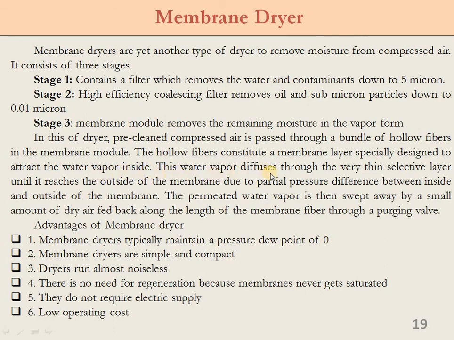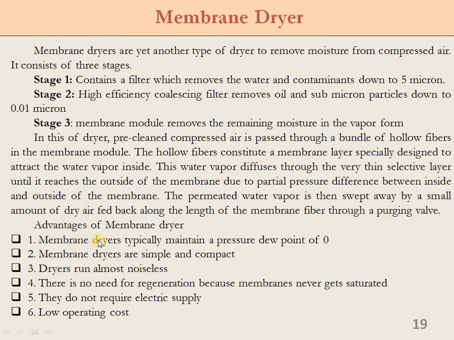This water vapor diffuses through the very thin selective layer until it reaches the outside of the membrane due to the partial pressure difference between inside and outside of the membrane. The permeated water vapor is then swept away by a small amount of dry air fed back along the length of the membrane fiber through the purge wall.